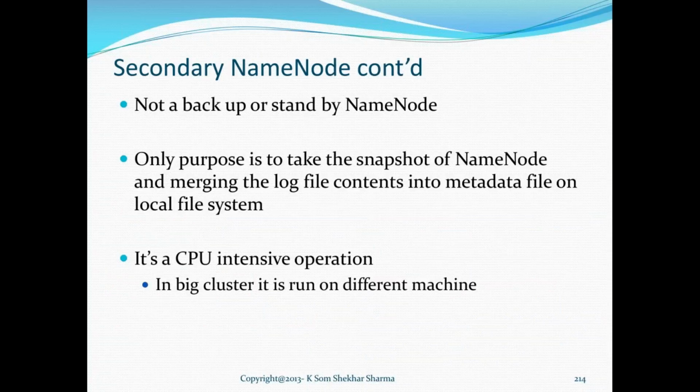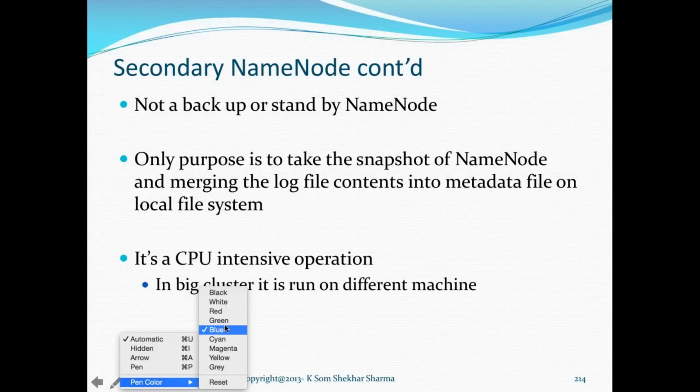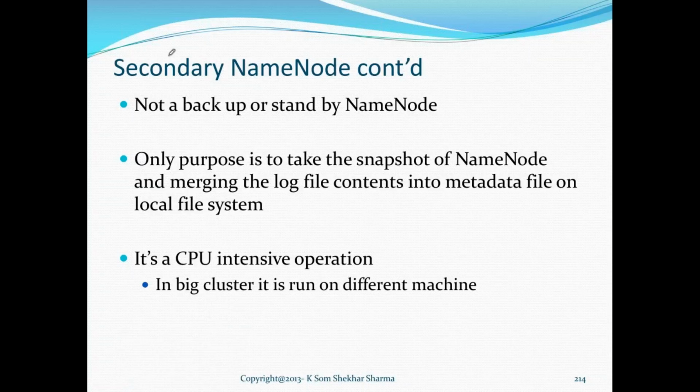Now coming back to the secondary name node. The first thing about the secondary name node is that the name itself is misleading, which brings the notion that it's a backup kind of name node. That means if the name node goes down, then it acts as a backup, right?